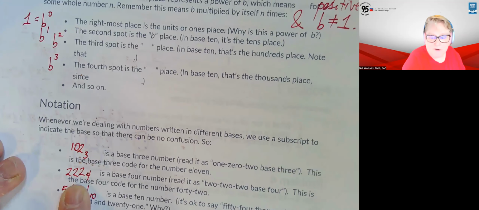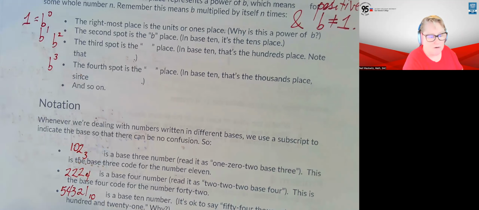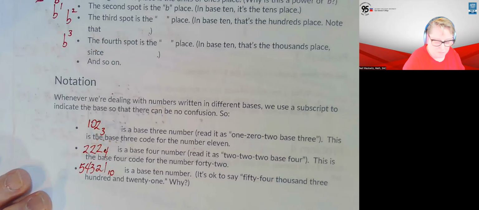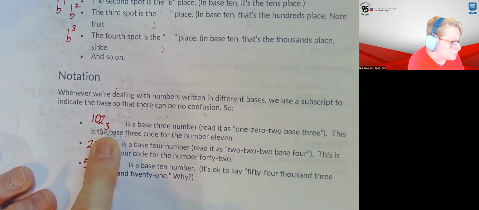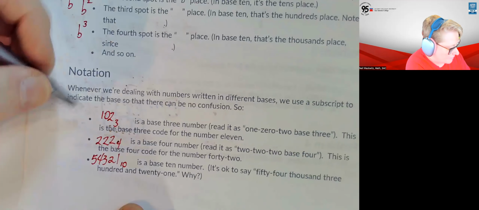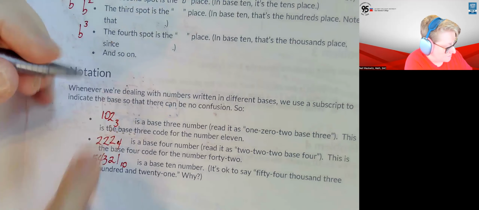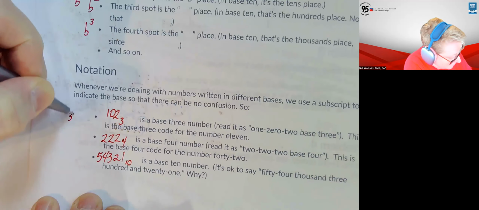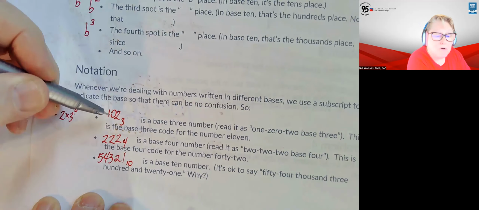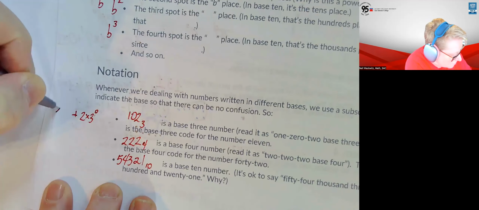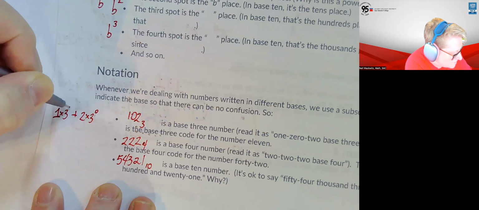So let's see if we can figure out what numbers these are base 10. So 102 base 3, start at the right. So we have 3 to the 0 times 2 plus 0 times 3 to the 1, which I'm not going to write because I don't have room, plus 1 times 3 to the second.